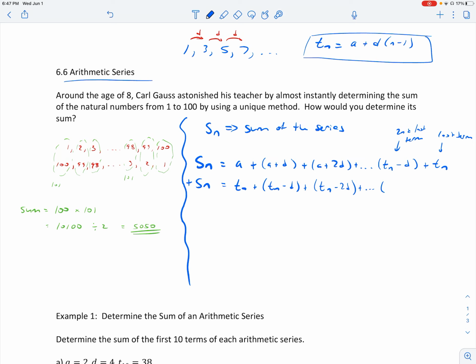And then the second term would be a plus d, and the first term is a. So this is the reverse order now, right? I'm just going to change colors here. So this is last term. Okay, second last term. Okay, you guys get the idea. This is second term, and that's the first term, right?